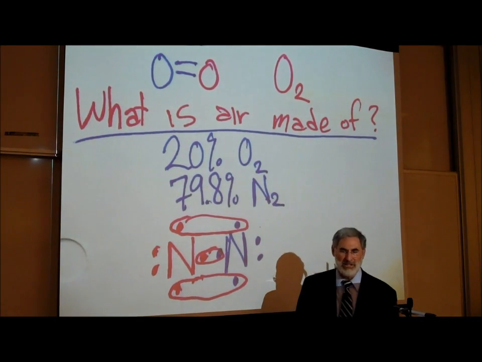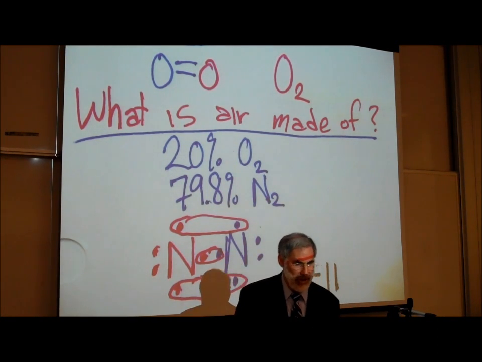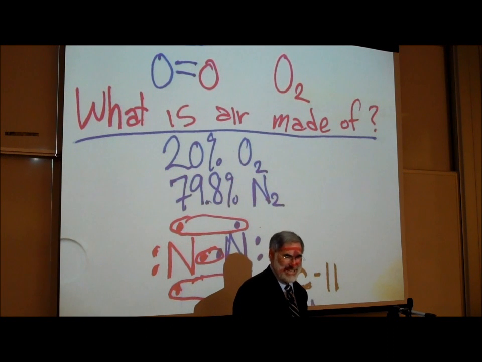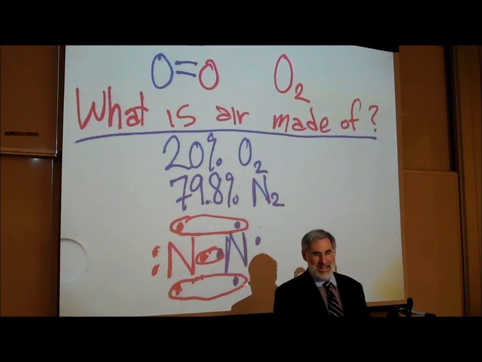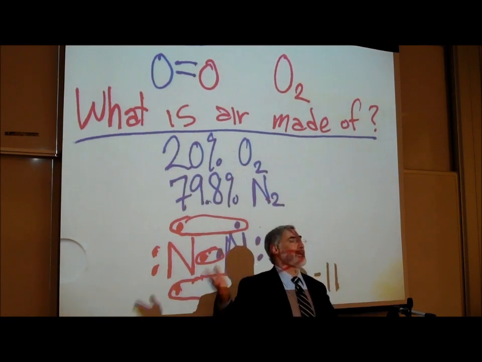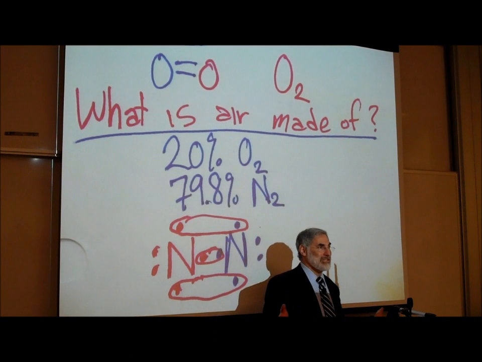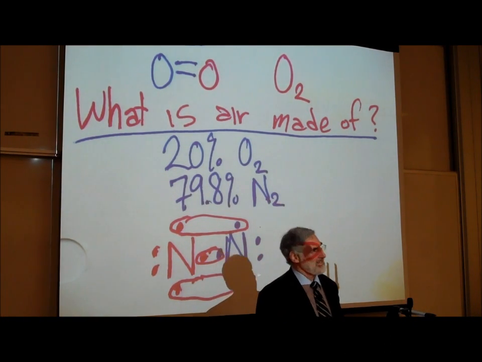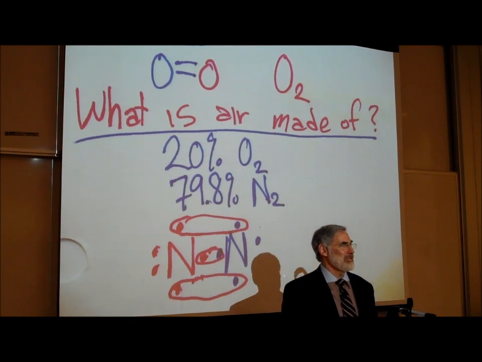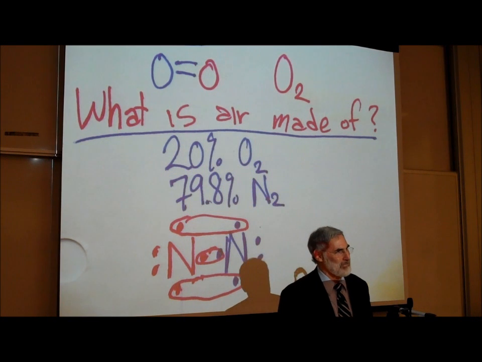So in other words, if oxygen makes up 20%, and nitrogen makes up 79.8, that's a total of 99.8% of the molecules in air, right? So the remaining difference, everything else in the air, hydrogen, neon, air pollutants, everything else accounts for less than 0.2% in normal air. You'd say, what if it's really a smoggy, really polluted day? It's still less than 0.2%.